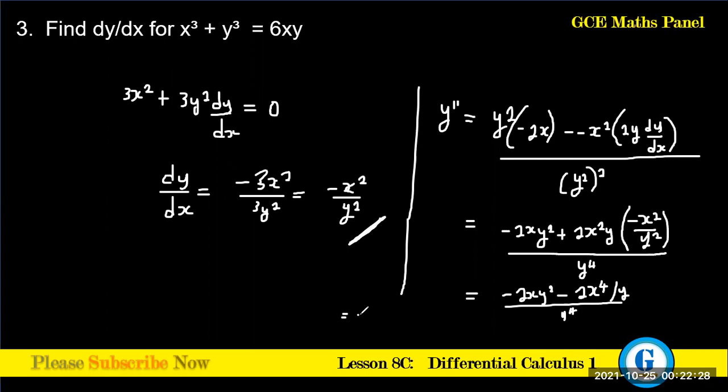That should be equal to minus 2x y to the power 3 minus 2x to the power 4, divided by y to the power 5.